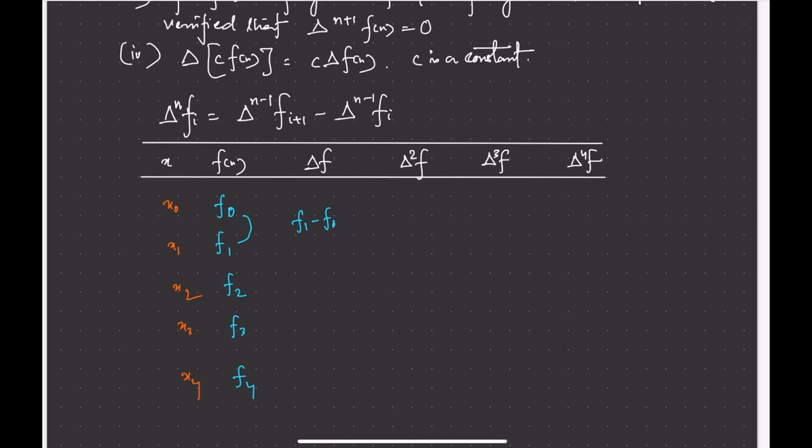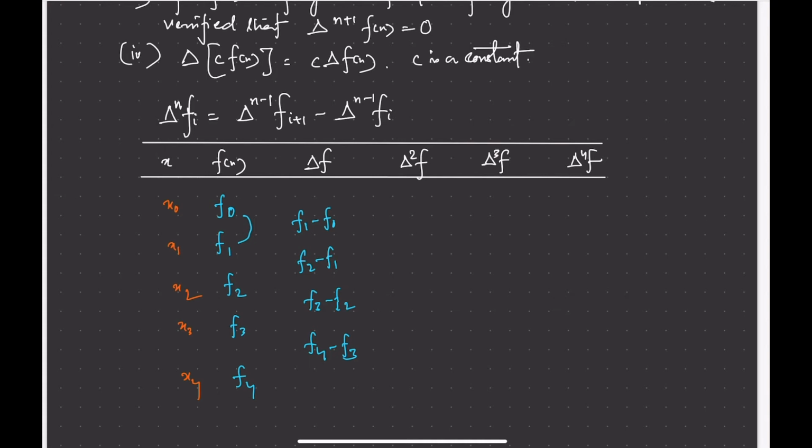So here f of 2 minus f of 1. Here f of 3 minus f of 1. Here f of 4 minus f of 3. Not 1 exactly, this is f of 2.